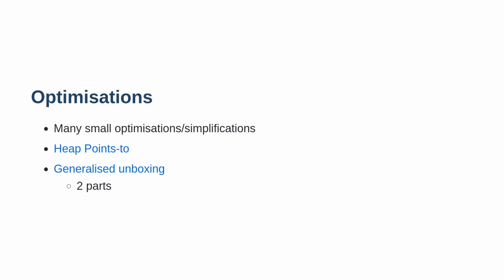And the way GRIN is structured is there are many small optimizations and simplifications, and some quite complicated analyses. For example, heap points-to analysis, and one use of that analysis result is generalized unboxing.